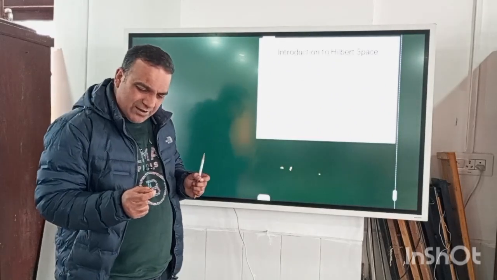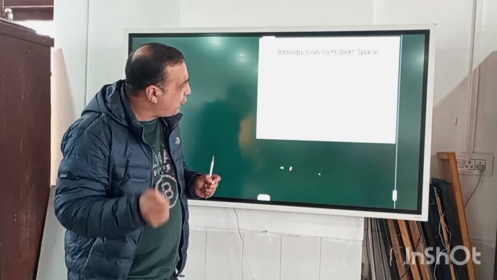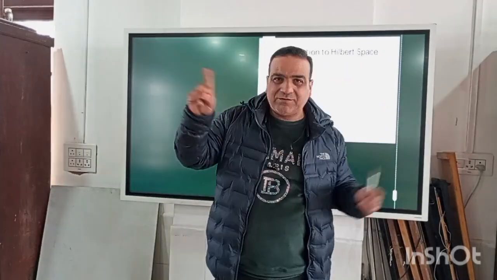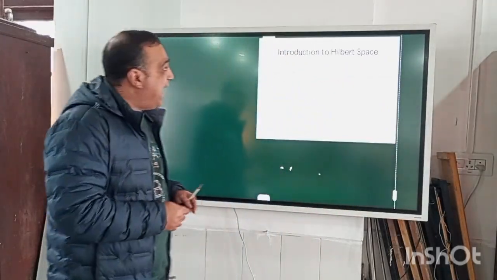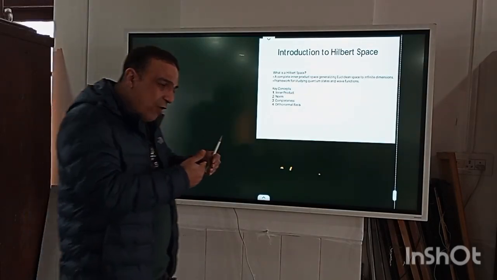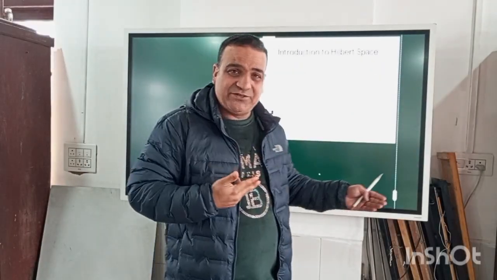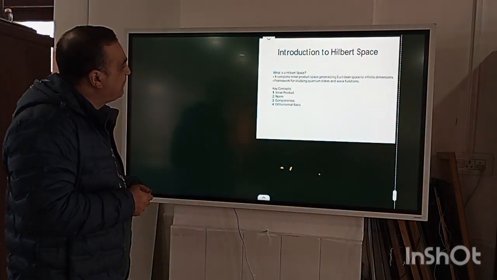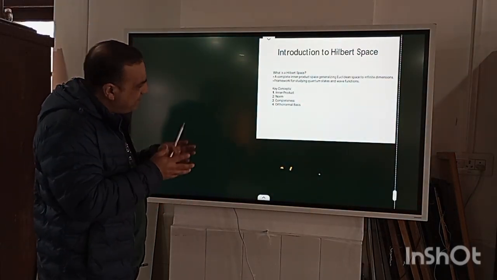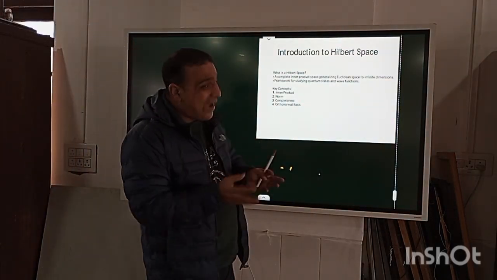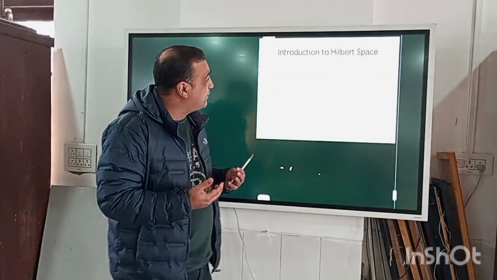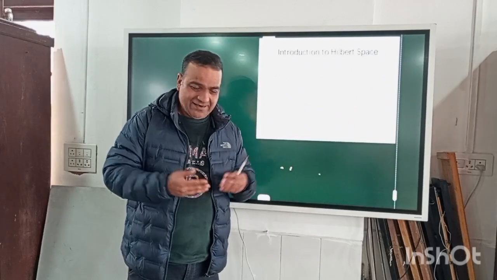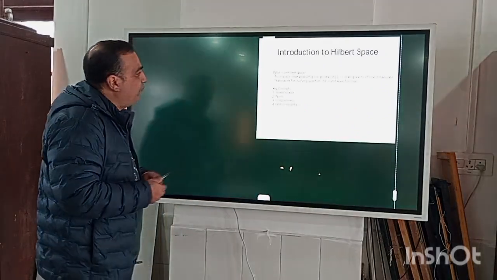So it's the generalization of Euclidean space, the space of x, y, and z, or theta and phi, and it allows us to have infinite dimensions of vectors present in that space. This Hilbert space provides us a framework for studying quantum states and what we call wave functions.